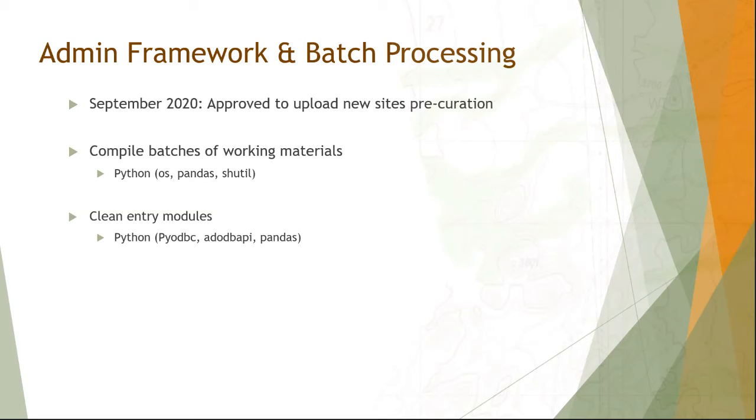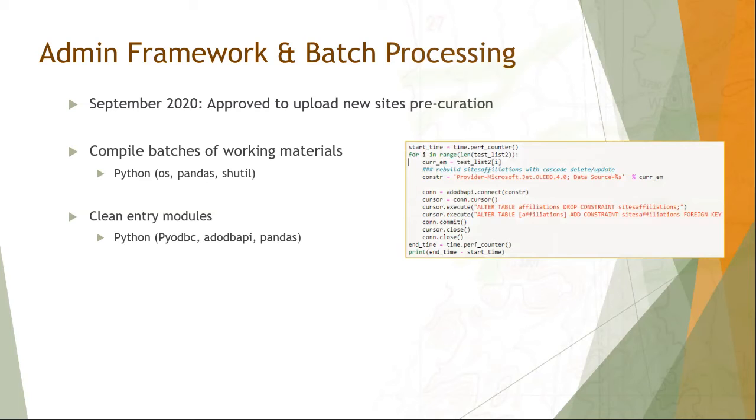So there would be discrepancies in field types, data types, relationships within those databases that in turn were causing problems for the previously existing upload tools. So we're using Python to clean all of those up front as we begin working on a batch of uploads, using the PyODBC library as well as the ADODB API library.